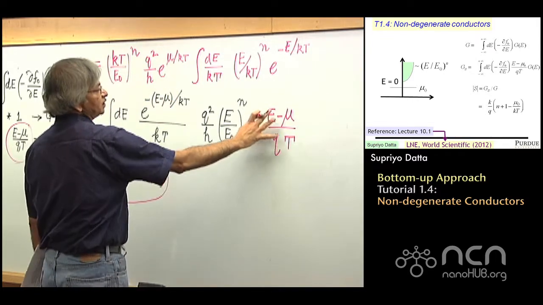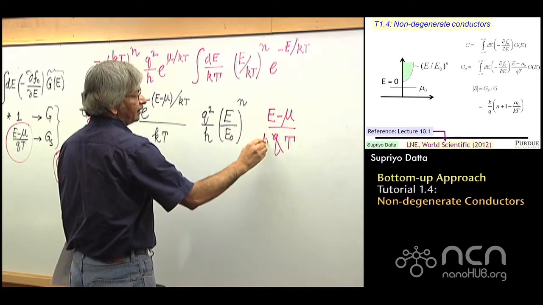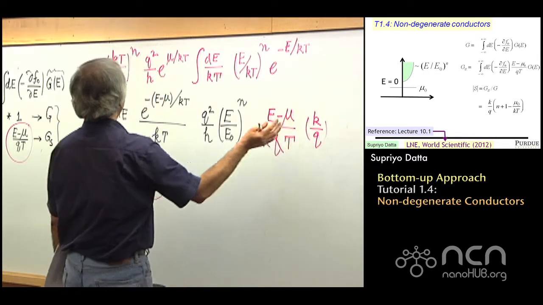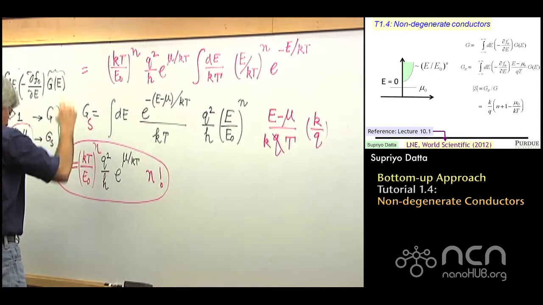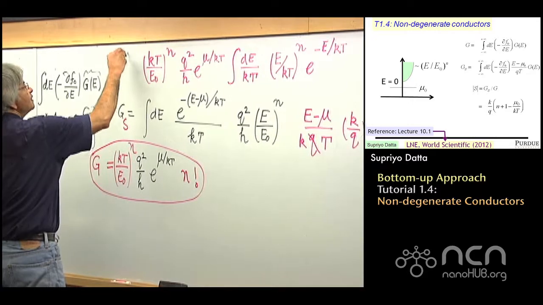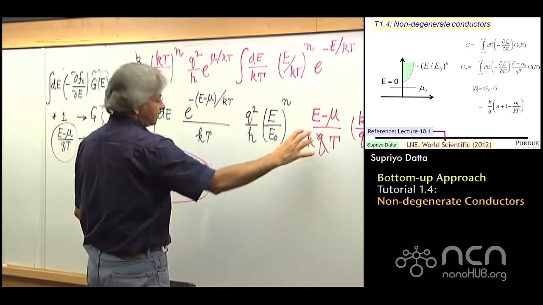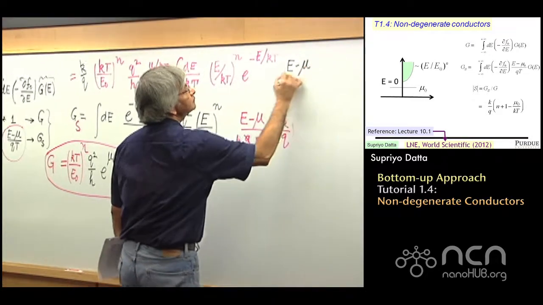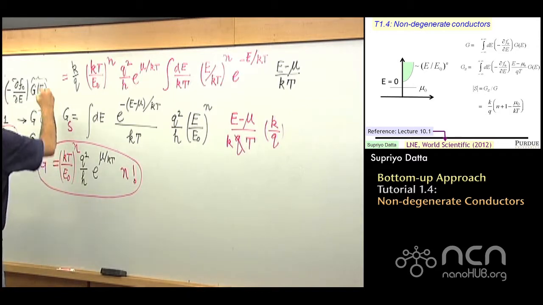But I now have this additional thing here, which I could take the q from here, put a k, and multiply with k over q. So this k over q is something I can pull out from the whole thing. So I can write it up front here. And then I have this E minus mu over kT. So I could write that here. So this is the integral that I need to do for evaluating G sub S.